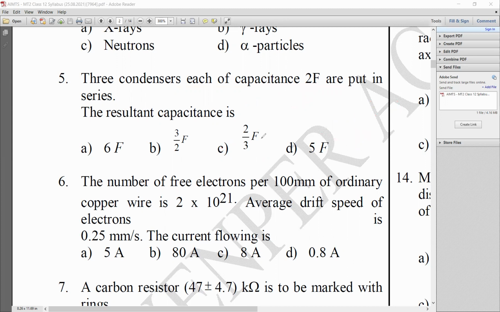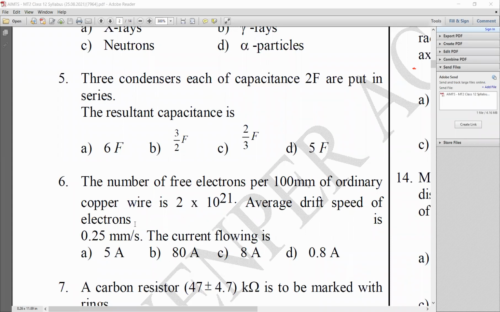The number of free electrons per 1000 millimeter of ordinary copper wire is 2 into 10 power 21.